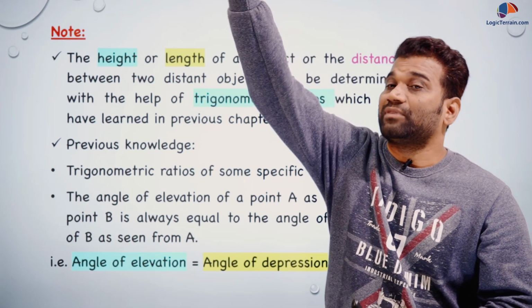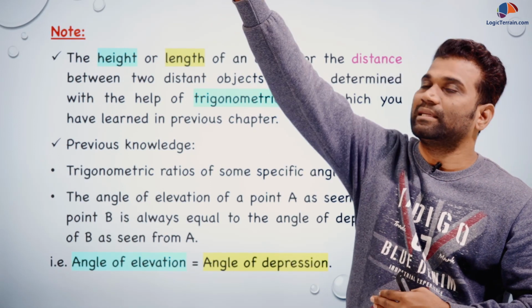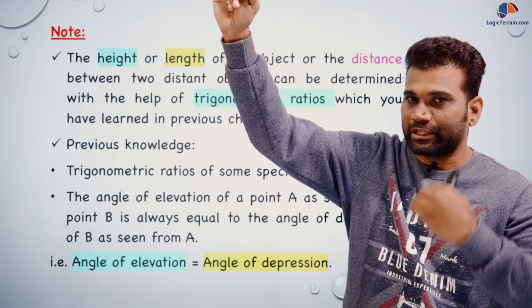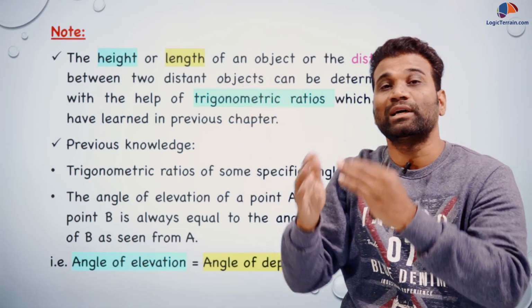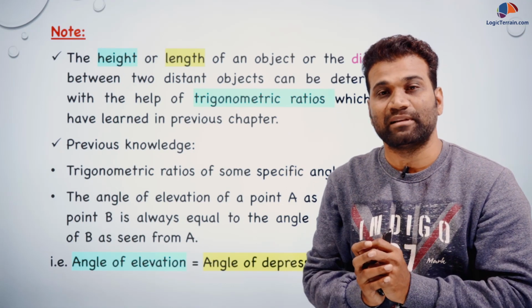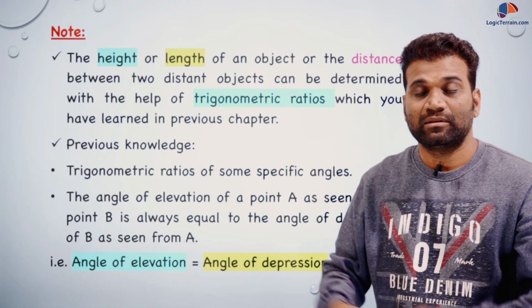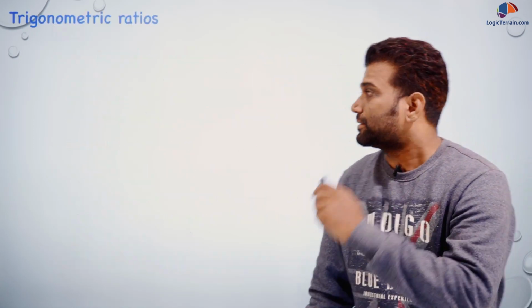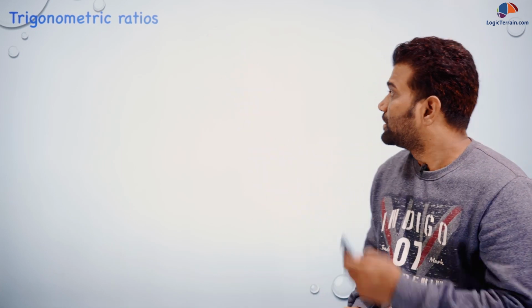If you are the object and that is the observer, that is the angle of depression. For you it is the angle of elevation, for that person the angle of depression, and both are equal. So the angle of elevation equals the angle of depression, and vice versa. Clear?